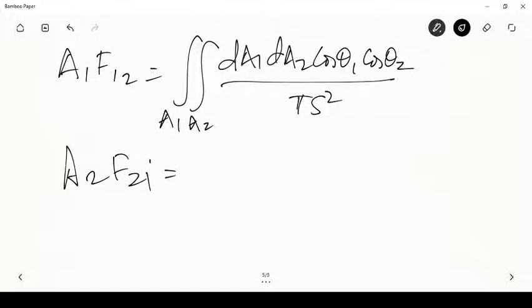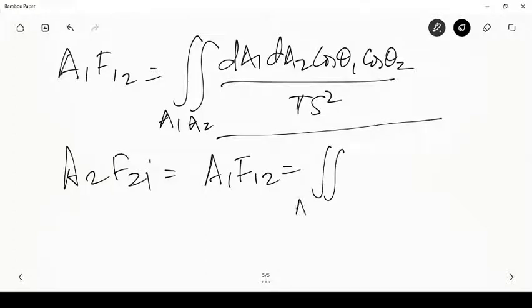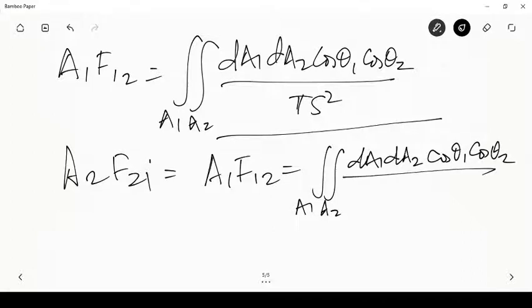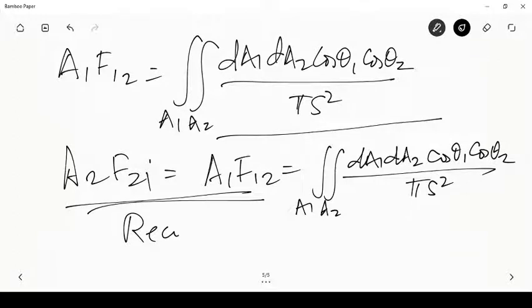If I just swap the indices 1 and 2 here, nothing changes in the integral, so it remains the same as A1 F12, which is equal to the same double integral over areas A1 and A2 of dA1 dA2 into cos theta 1 cos theta 2 divided by pi s square. So this is what we call a reciprocity relationship.